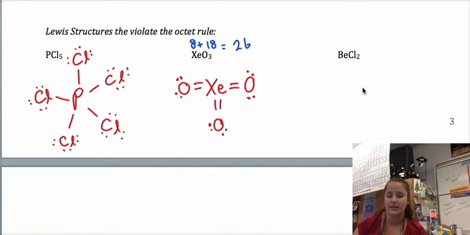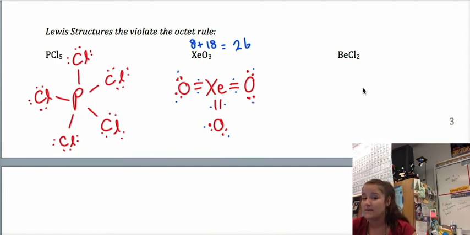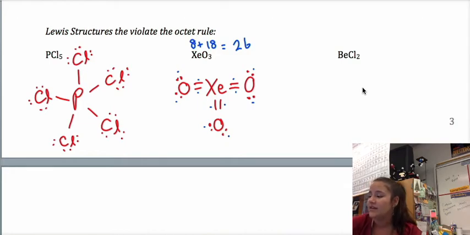total electrons. Okay, right now I have 2, 4, 6, 8, 10, 12, 14, 16, 18, 20, 22, 24. Okay, all the oxygens are happy, but I still have 2 more electrons. They're going to go on the xenon.